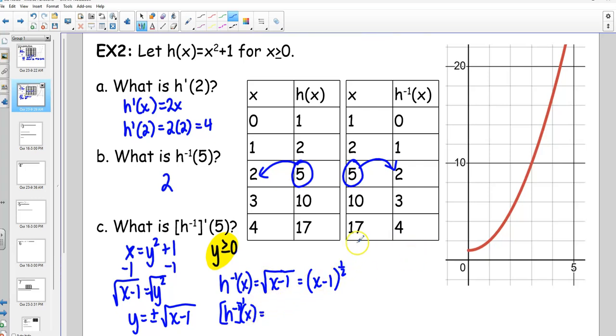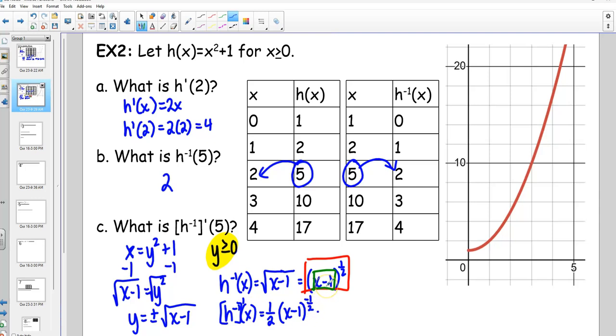And so, what do I have to use to take the derivative of this? What rule would I need here? This is a chain, right? Because I've got the 1/2 power on the outside and the x minus 1 on the inside. It's a pretty simple chain, though, because here I'm going to have 1/2 x minus 1 to the negative 1/2 power.